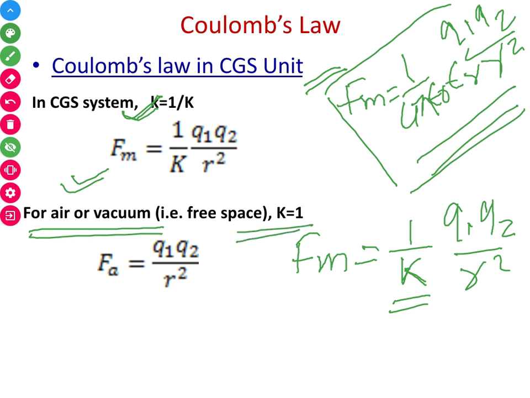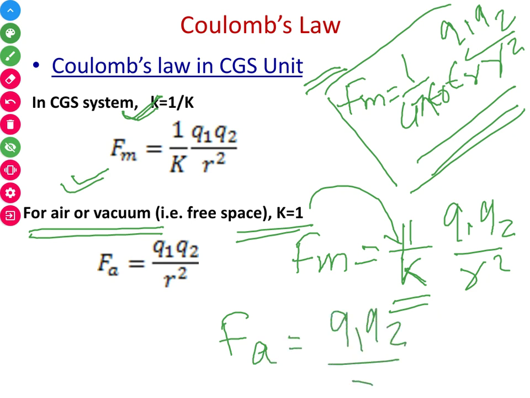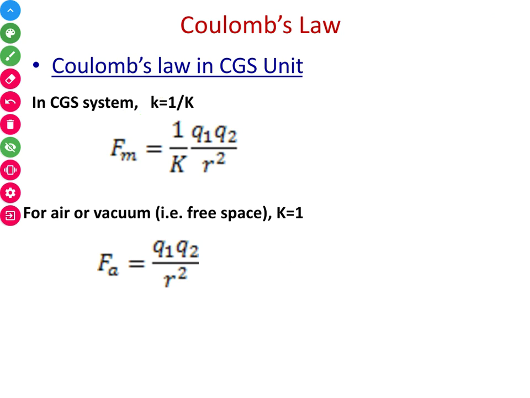So if we put K equal to 1 over here, then the force between the two charges in air is given by q1 q2 upon r square. You can see here Fa is equal to q1 q2 by r square. So the value of small k, which is Coulomb's constant, depends upon the unit used. For SI unit it is different, for CGS unit it is different.